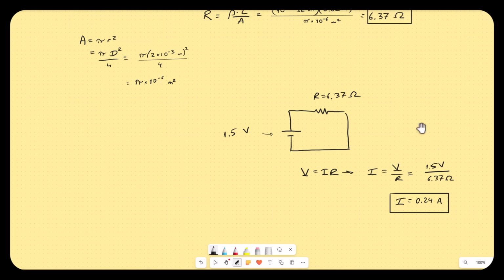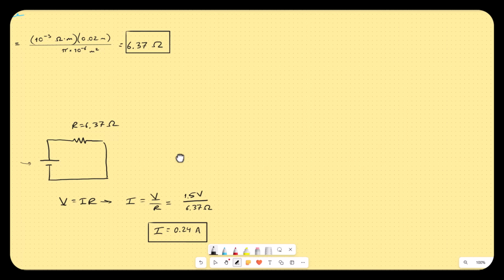There is an interesting piece that comes up. A AA battery like this gets 1.5 volts.